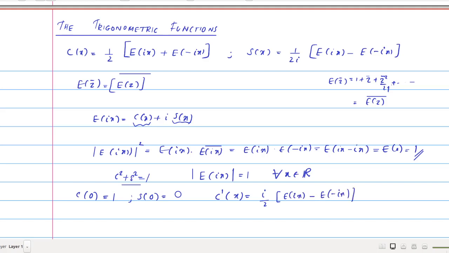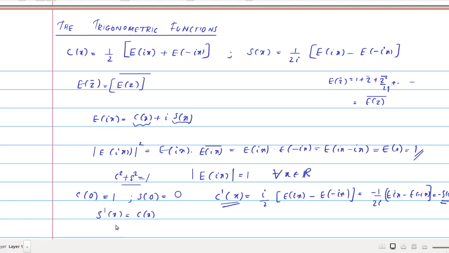We can write it as minus 1 by 2i times e of ix minus e of minus ix. This is nothing but minus s of x. So c dash x is equal to minus s of x. Similarly, you can evaluate s dash x, and you will get c of x.